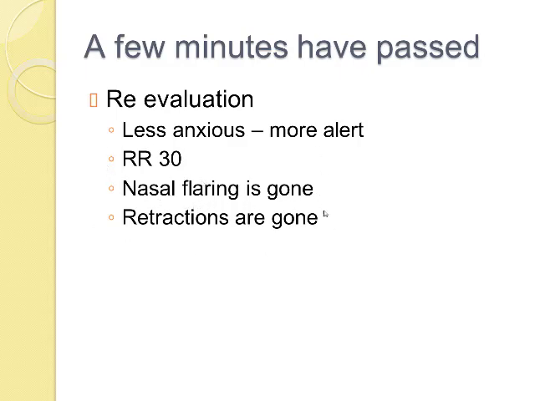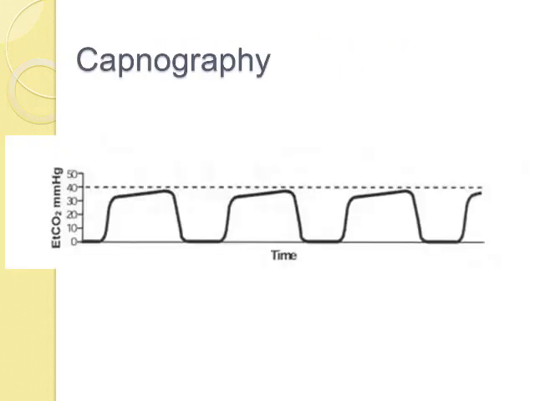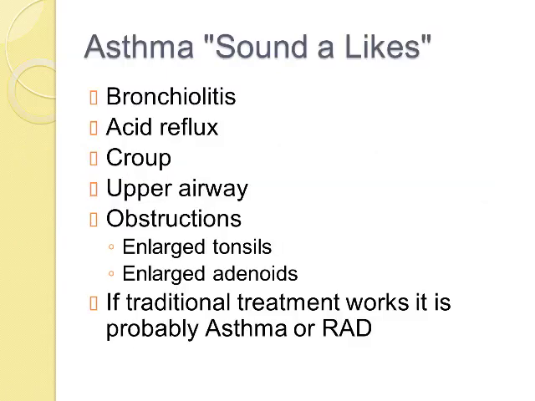Flaring is going away and retractions are gone. Capnography is no longer that shark fin look. It's more flat. We're seeing numbers in the high 30s probably at this point, so more within our normal range, because we want to see 35 to 40 if possible.